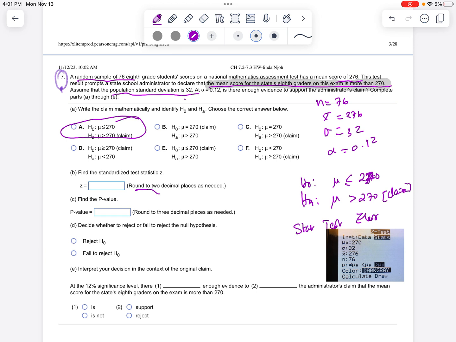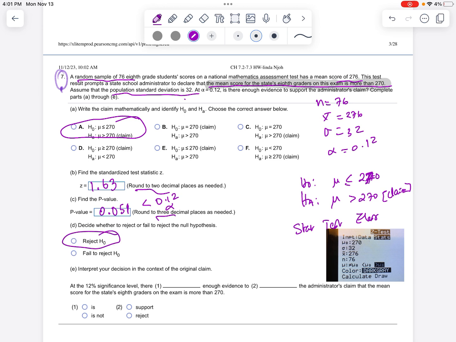Our z, rounded to 2 decimal places, is 1.63. Our p-value is 0.051 to 3 decimal places. Now the p-value is less than alpha, 0.12, so we're going to reject the null.